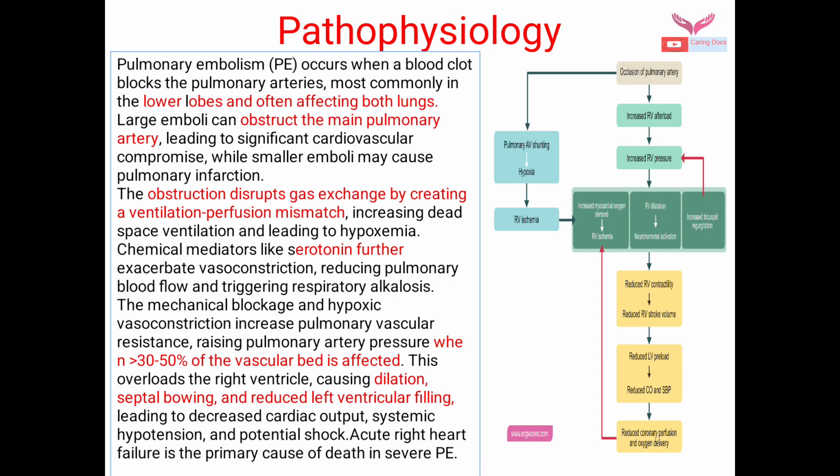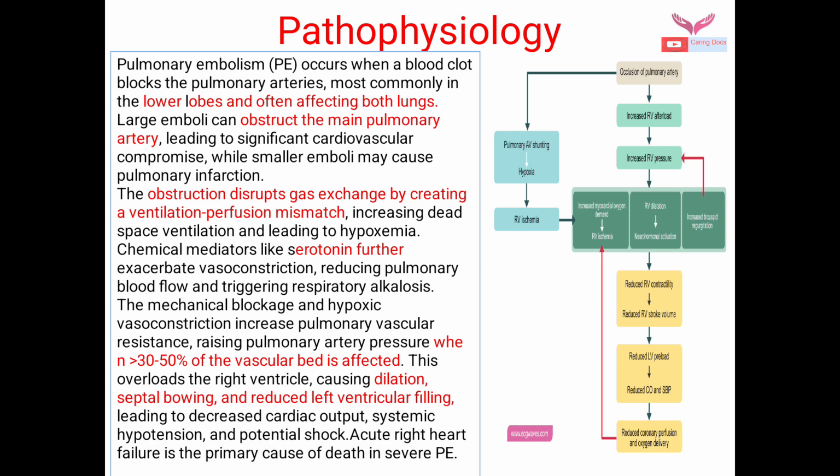Coming to the pathophysiology, pulmonary embolism occurs when the blood clot blocks the pulmonary arteries, most commonly in the lower lobes and often affecting both lungs. Large emboli can obstruct the main pulmonary artery, leading to significant cardiovascular compromise, while smaller emboli may cause pulmonary infarction.